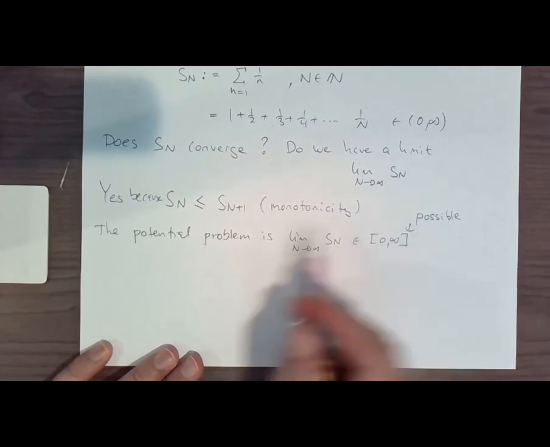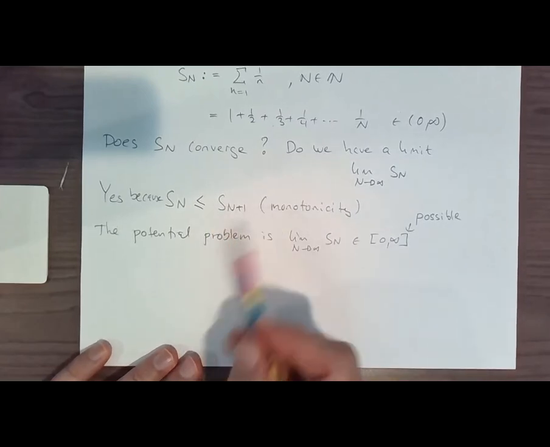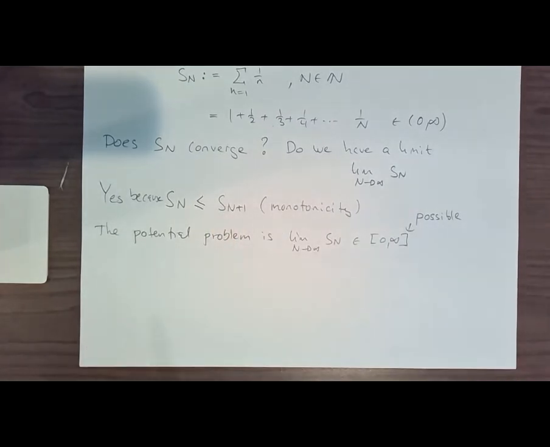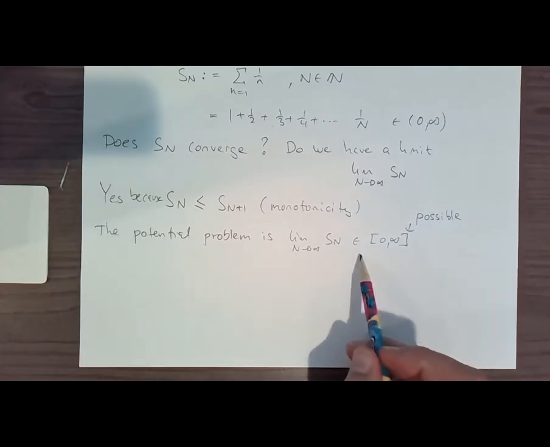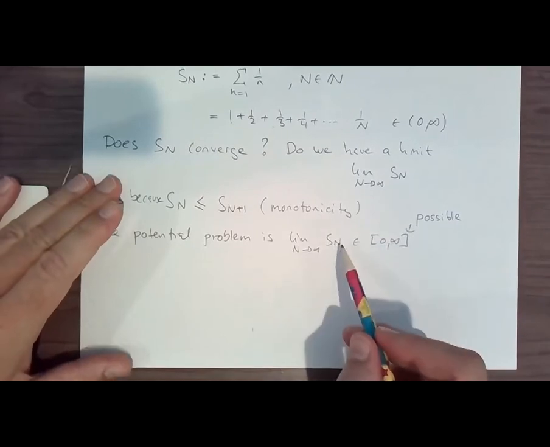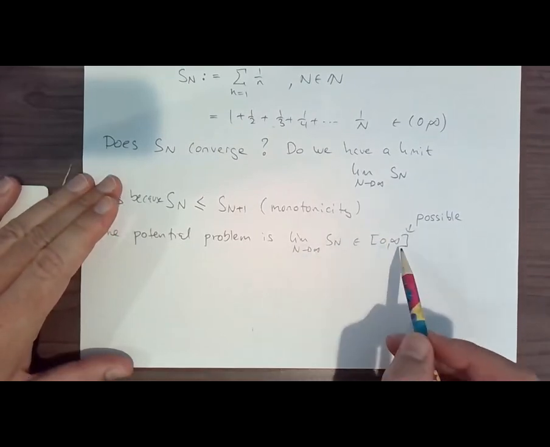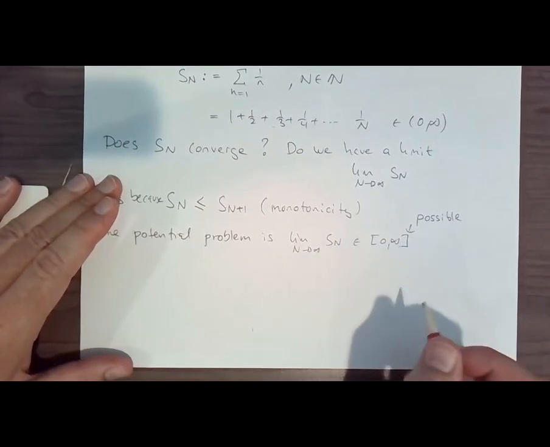This is possible. So you have monotonicity, so you can be guaranteed that there's a limiting object, but what is unclear in this particular example is whether or not that limit is finite or infinite.